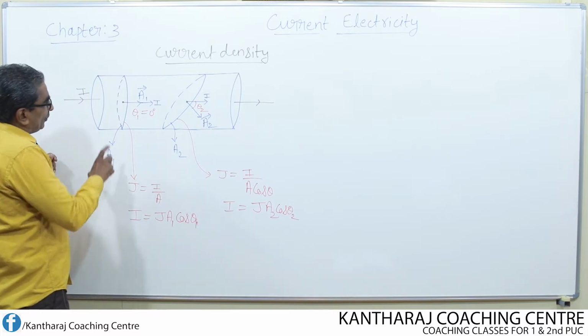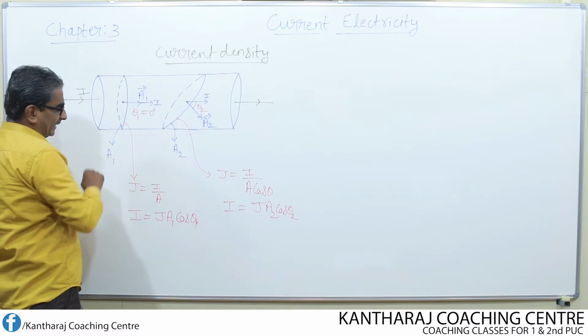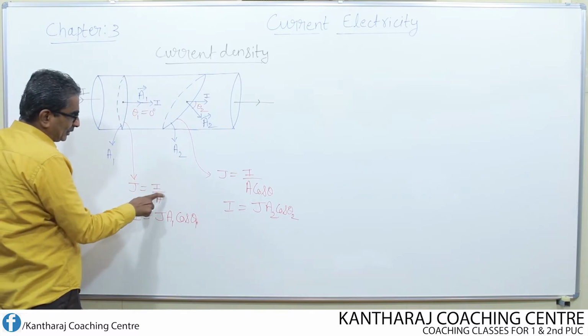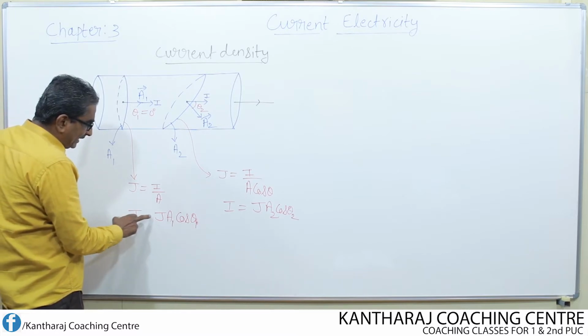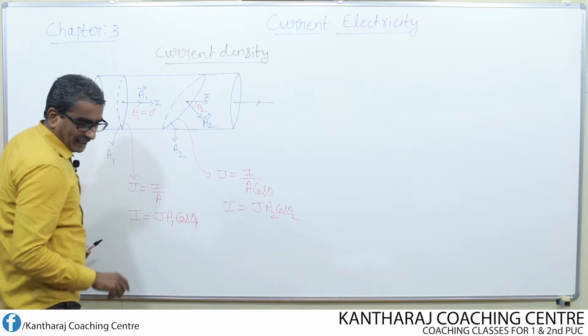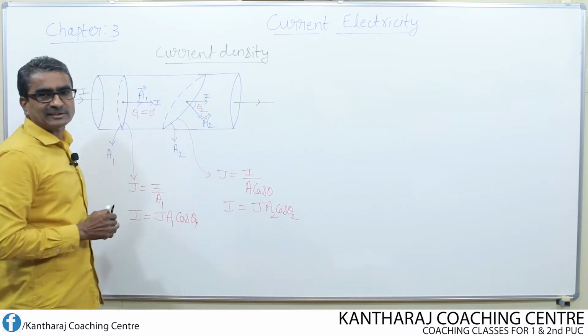Here, what is the current density at this point through this area? It is given by J equal to I by A, which can also be written as I equal to J into A1, that is, I equal to J into A1 cos theta 1.